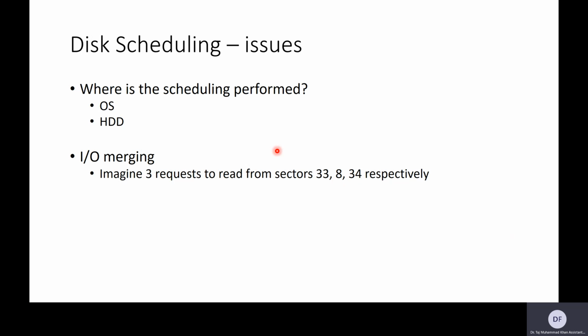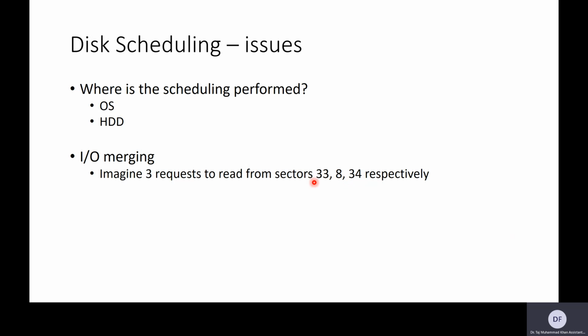So the OS did not have information about the arrangement of these sectors, but when these requests arrive inside the hard disk, it knows that sector number 33 is much closer to sector number 34 than compared to sector number 8.